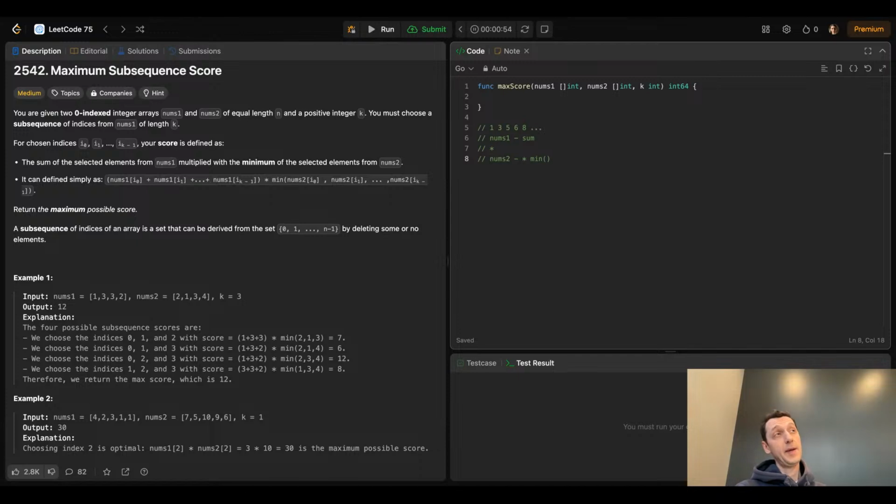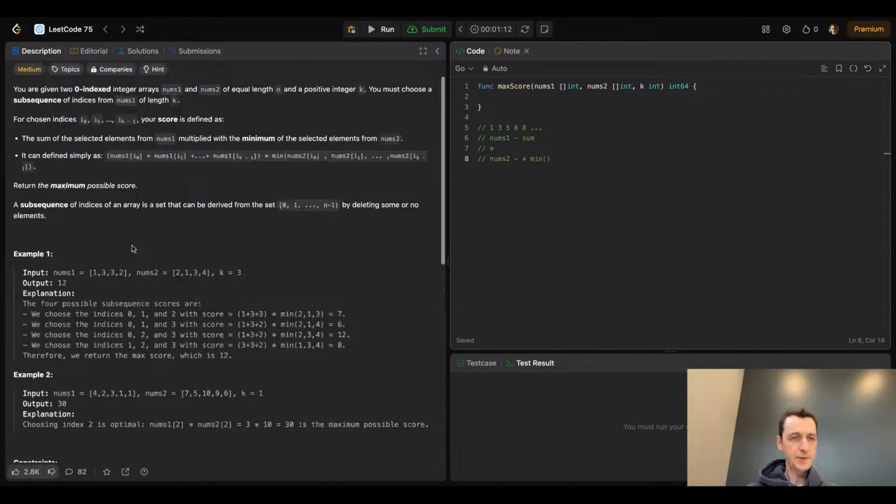Whatever the number is, the minimum will be multiplied. So we want to find the maximum subsequence score. And we have two examples.